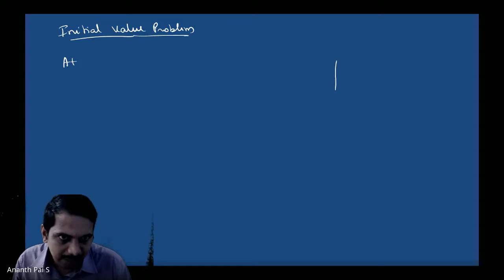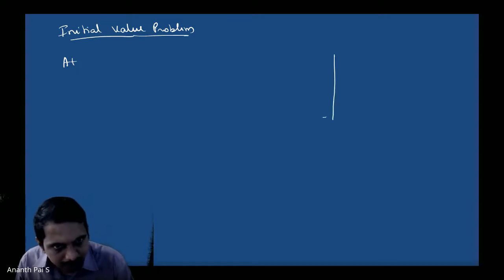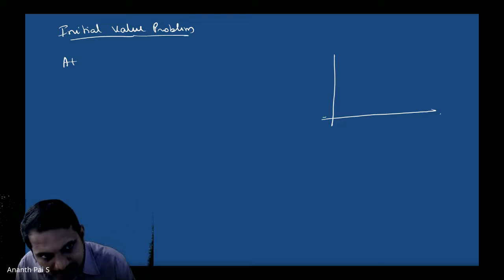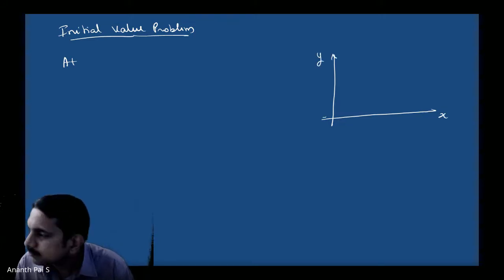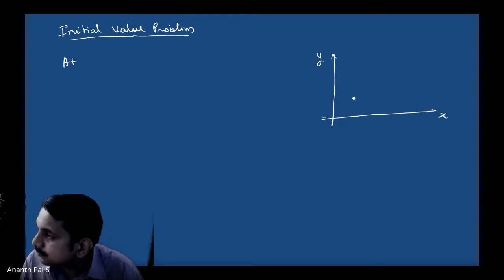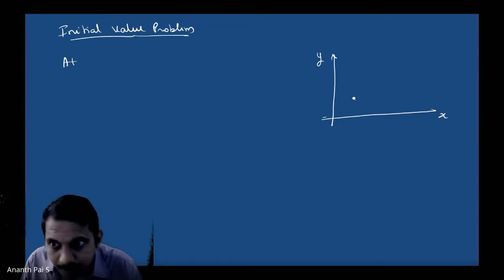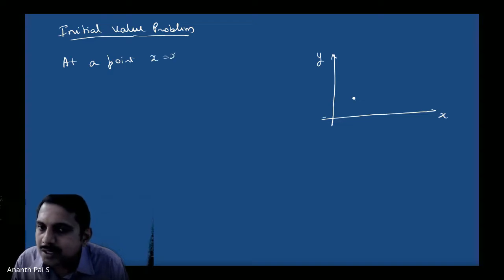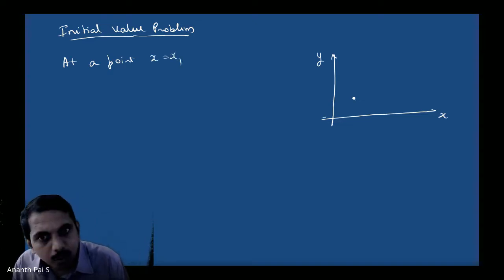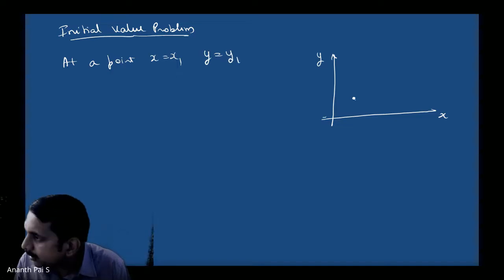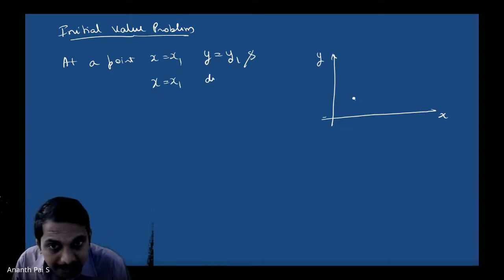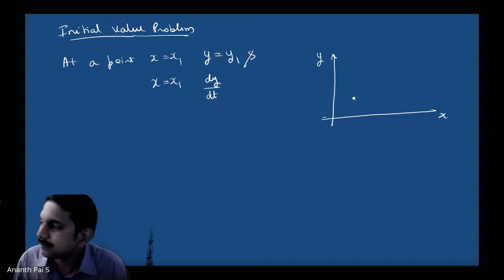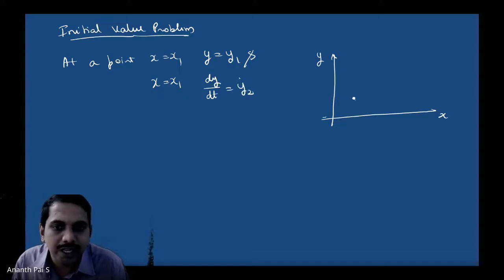Let us say this is x, this is y. So at a point x is equal to x1, y is equal to y1, and at the same point x is equal to x1, dy by dt is equal to y2 dot, some number.